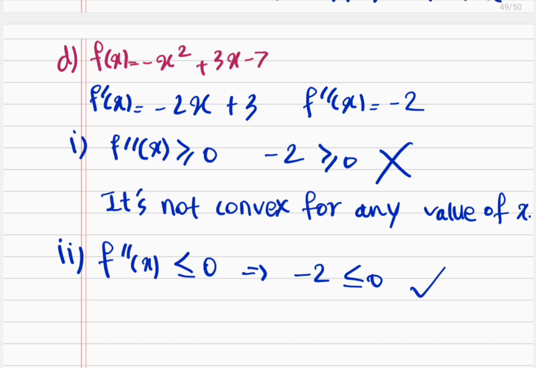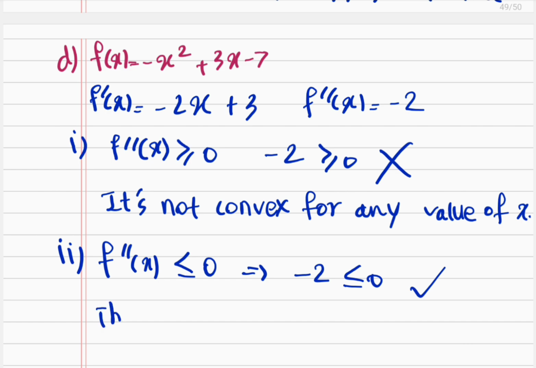So for all the values of x that you can find for this function, the function is always concave, because the second derivative is always less than or equal to 0. That's the interesting part of the second question.